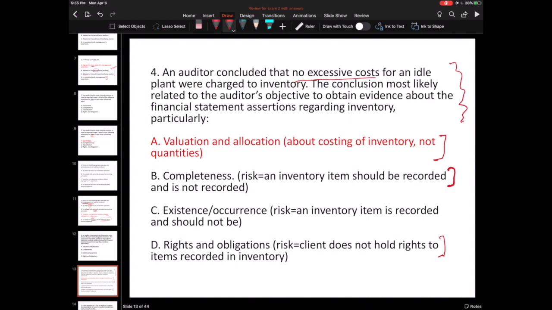So I had one in a much older exam that said something like, okay, during the inventory observation, the auditor went around the warehouse and they noticed this area where all the inventory looked like it hadn't been touched in years and it was covered in a layer of dust. Right? And so which assertion is management at risk for violating?